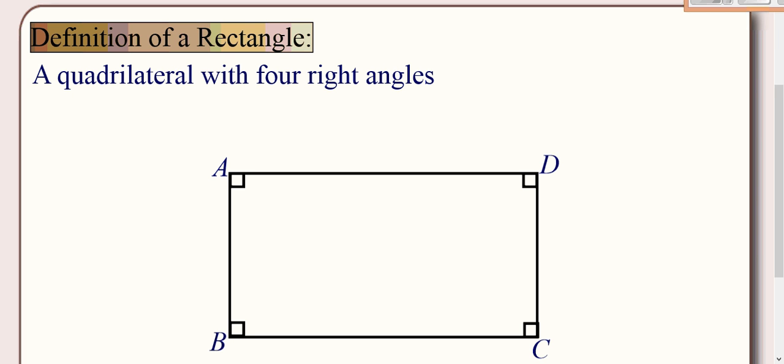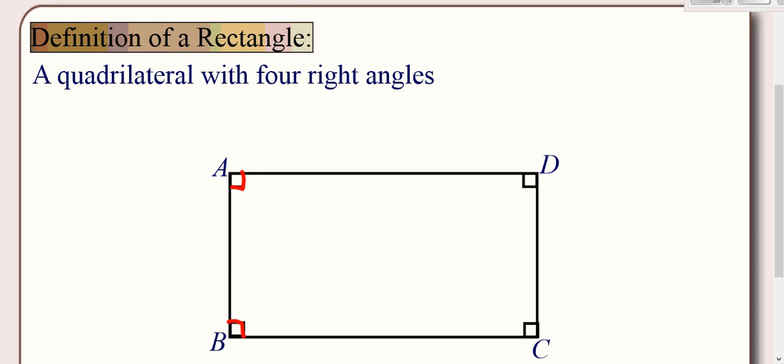Now, because they've got 4 right angles, a lot of things are going to come from that. So the first thing to notice is that since these are 90-degree angles, 90 degrees plus 90 degrees is 180. So that means that these 2 angles, angle A and angle B, add to 180.